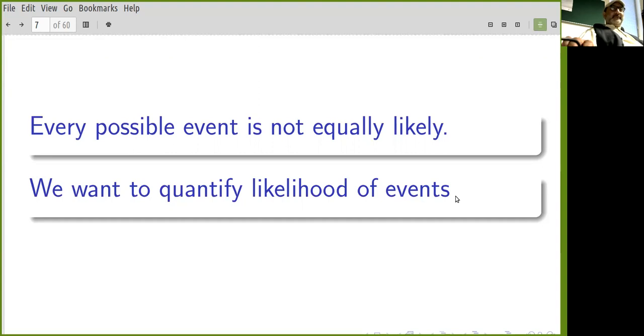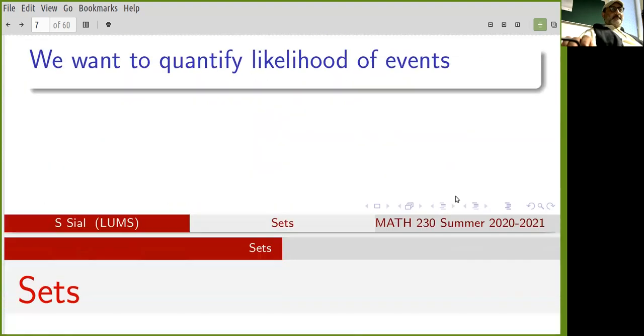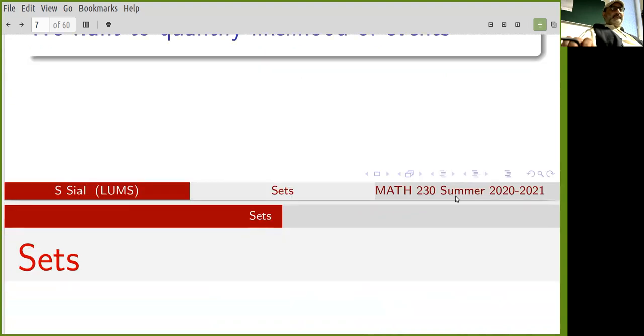And to do that, we need to develop a mathematical way of quantifying the likelihood of events. And with all mathematical subjects, at the base of whatever it is that you're doing, there are sets and there are functions. So I'm just going to review a little bit about sets, just that little bit that we need to develop our theory.